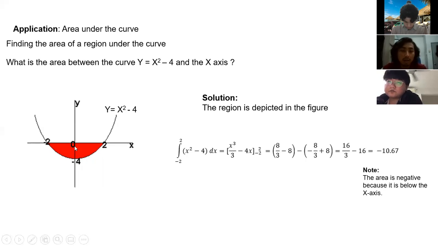As we know, this is the figure y equals x squared minus 4. The limit on the x-axis is negative 2 until 2, and on the y-axis is negative 4. So the solution, the region is depicted in the figure.